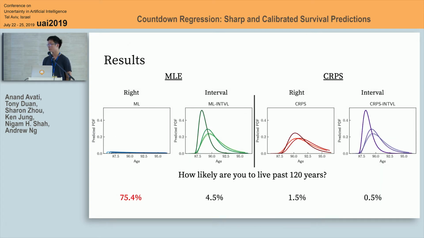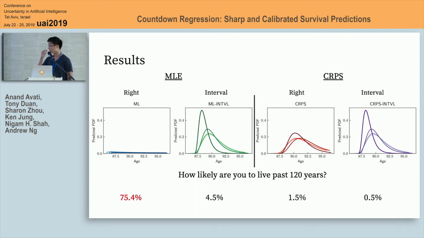So for results, here we're looking at what the assigned mass is to what we call unreasonable observations of living past 120 years. Again, this is motivated by a hypothesis that if you use the CRPS instead of MLE, you'll be able to yield sharper prediction distributions in the case of heavy censoring, which is often the case in EHR data.